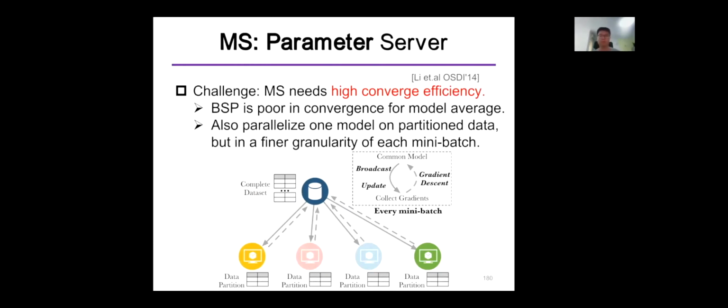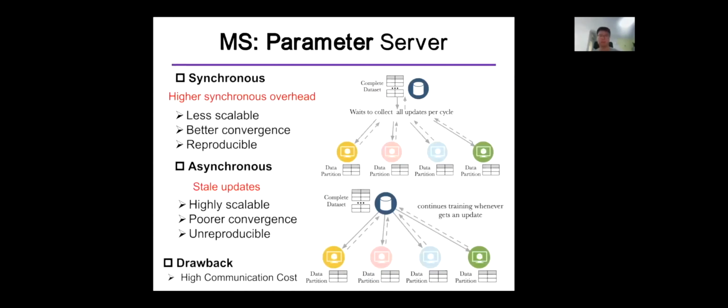There are two classes of parameter servers, synchronous and asynchronous. The former asks the master to compute the average updated gradient when all workers finish a mini-batch. The latter asks the master to train whenever an update occurs. Therefore, the asynchronous parameter server has good scalability but poor reproducibility.